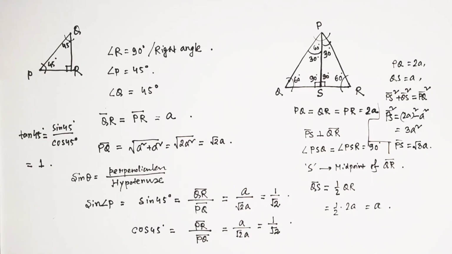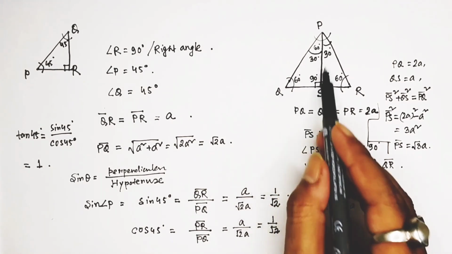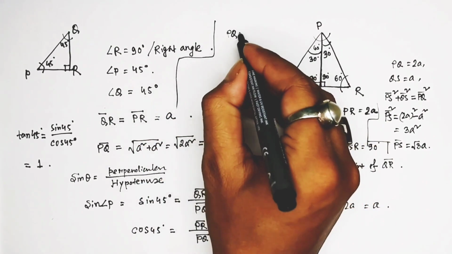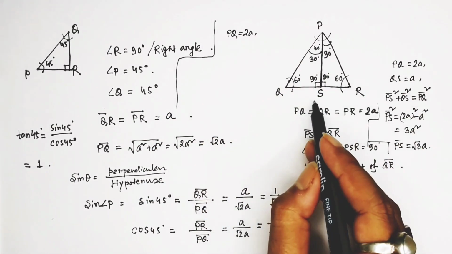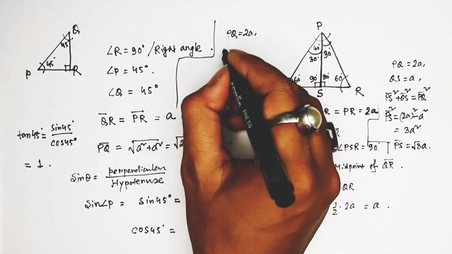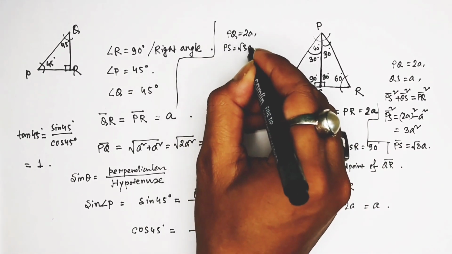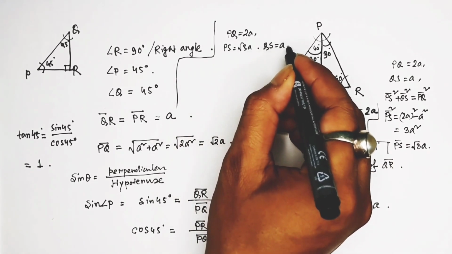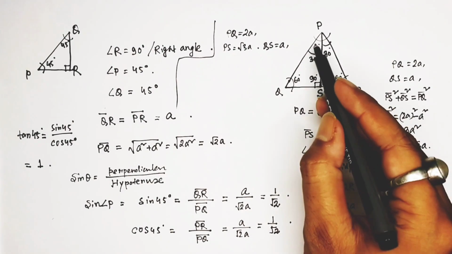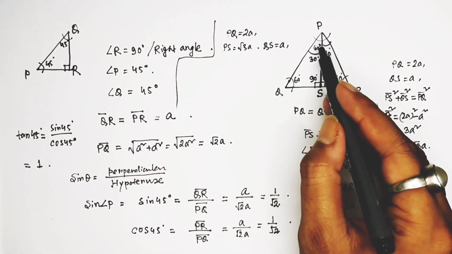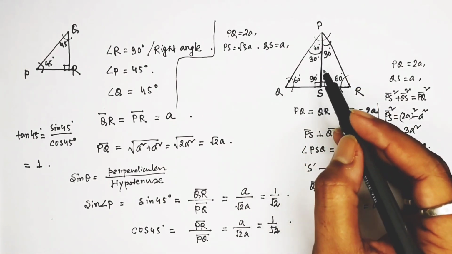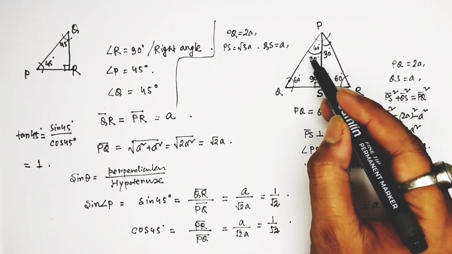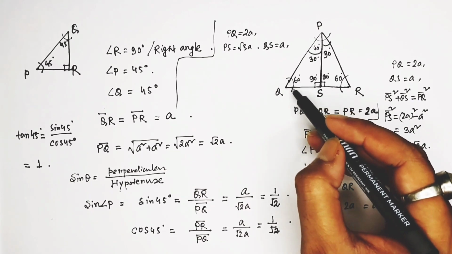From this figure, we can see that in triangle PQS, PQ is 2A, PS is root 3 into A, and QS is equal to A. From this right angle triangle PQS, we can calculate the value of T ratios with respect to angle 30 degrees and angle 60 degrees also.